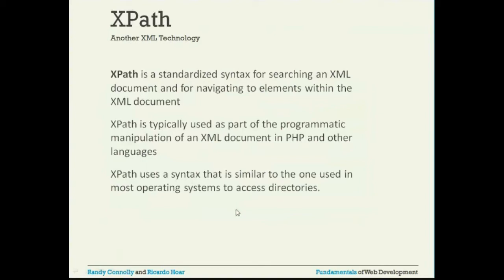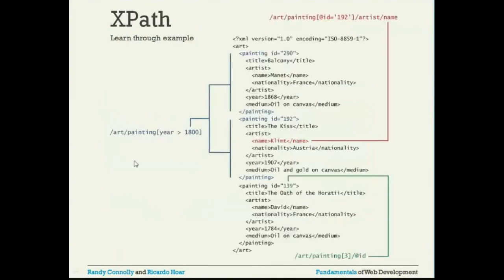XPath uses a syntax that is similar to the one used in most operating systems to access directories. So the way it accesses elements is very similar to how the operating system accesses the directories and the subdirectories. For example, you can see here, this is art forward slash painting, and inside that you are giving ID 192, artist name.